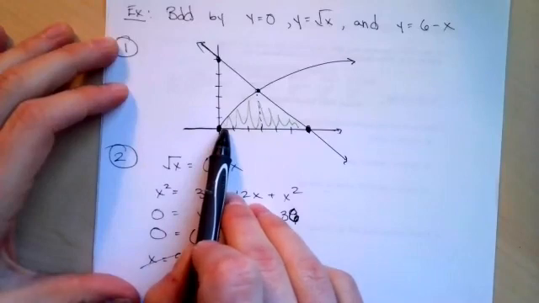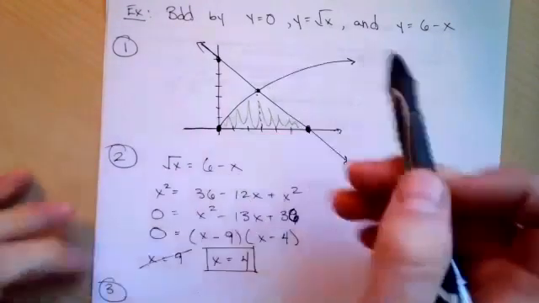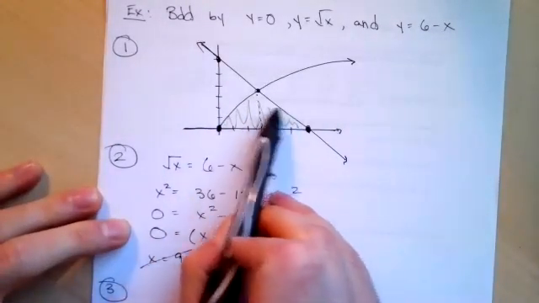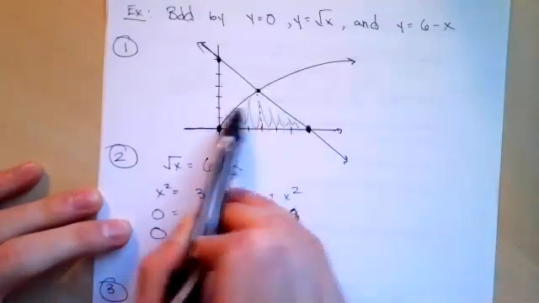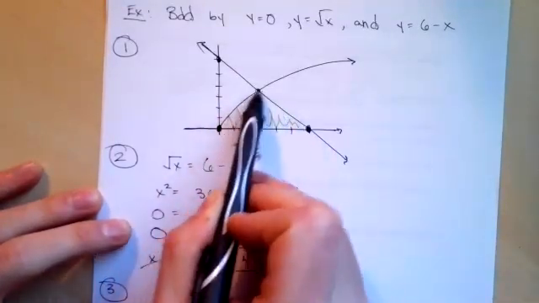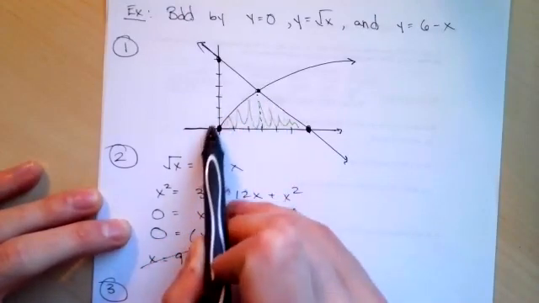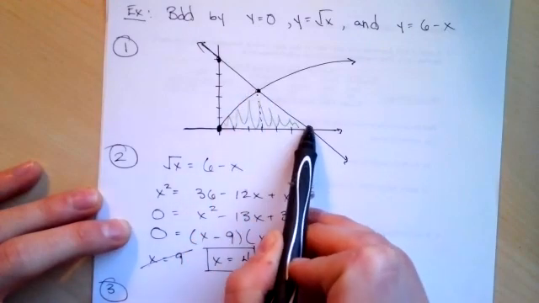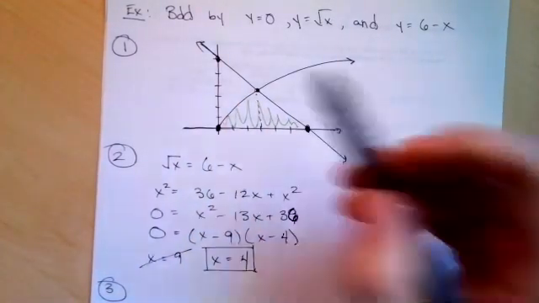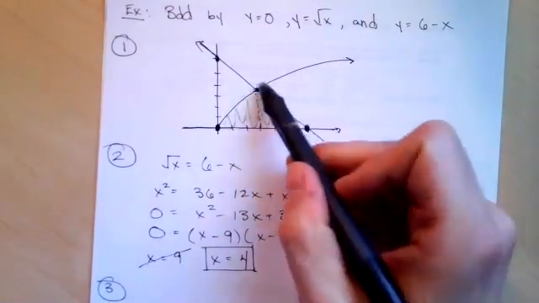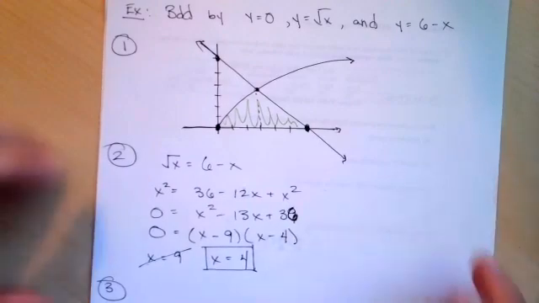It's always going to be bounded by those two equations. With horizontal slices, it's always right minus left, and it's always this curve minus this curve. Whereas if we do vertical, it's going to be one function and then another function. Both methods will get you the correct answer. It's just that if we integrate with respect to x, we would have to do two integrals. So for the sake of simplicity, let's choose dy.